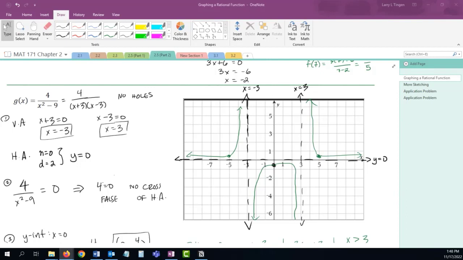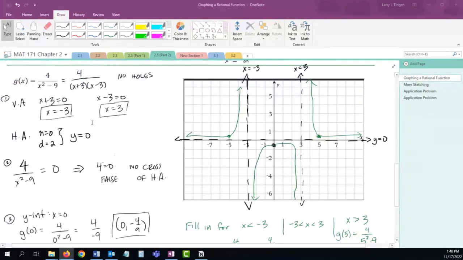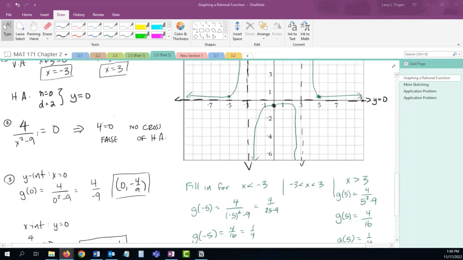Please understand that when I ask you to do these sketches, really I'm after you showing me that you know. What I want you to show me is I know how to find vertical asymptotes. I know how to find holes. I know how to find a horizontal asymptote.